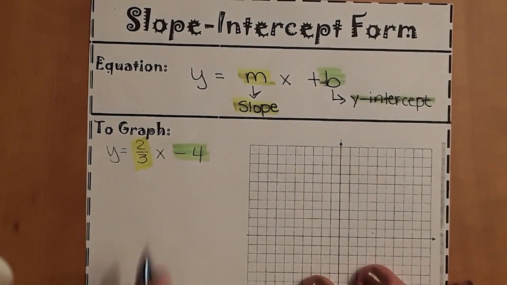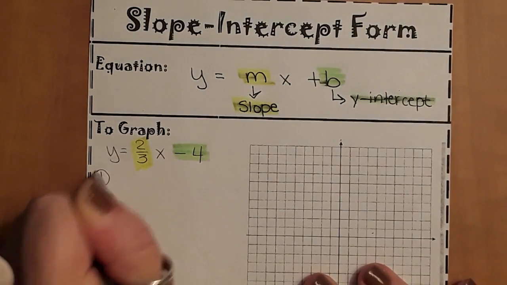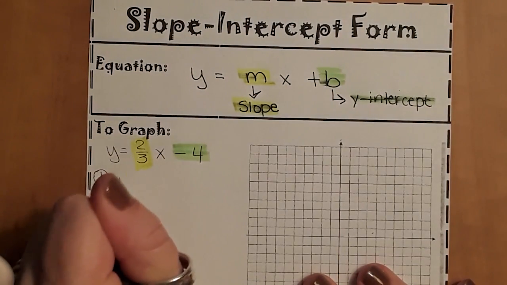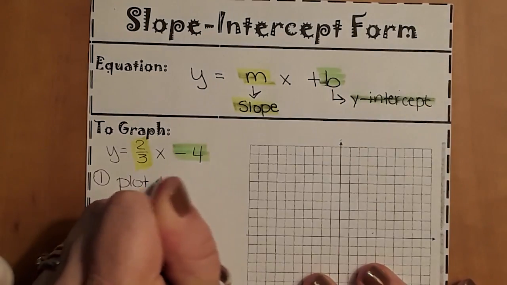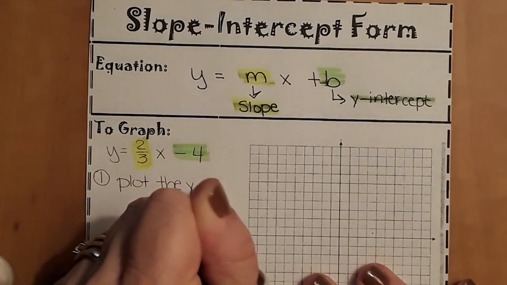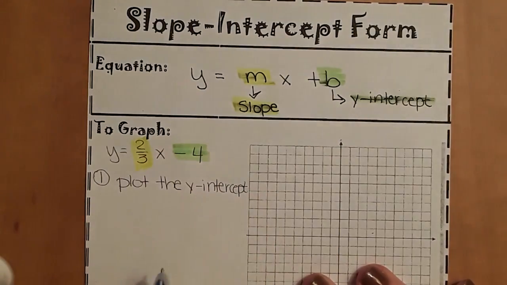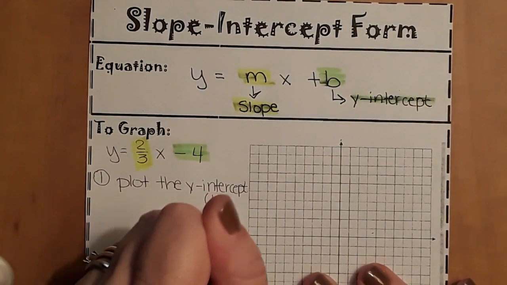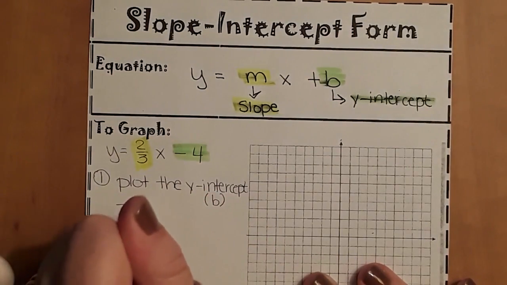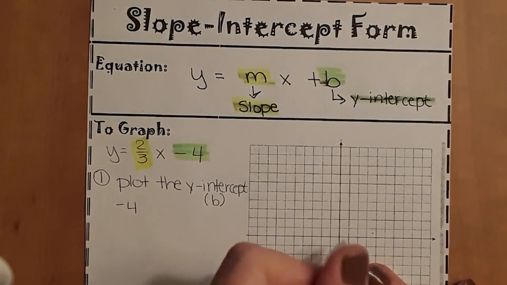Step 1, like we've discussed before, we're going to plot the y-intercept, or your b. In this case, it is a -4.